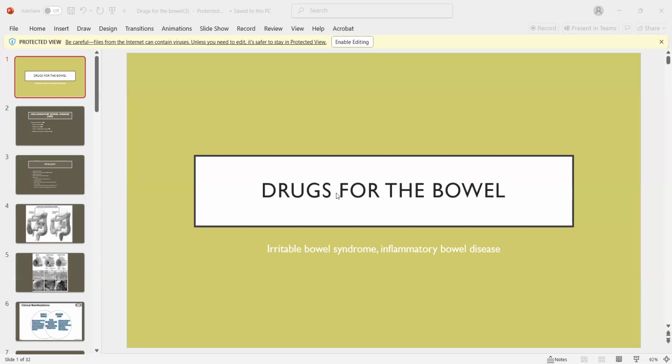The two antispasmodics include dicyclomine and hyoscyamine. These drugs are largely anticholinergics, so you'll notice all the side effects are anticholinergic side effects.